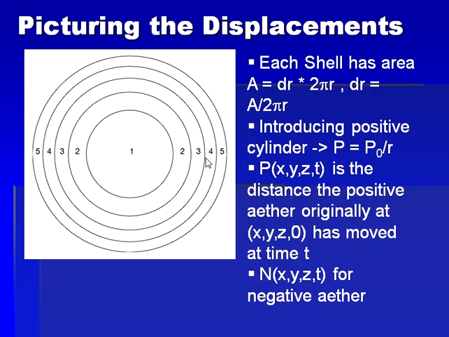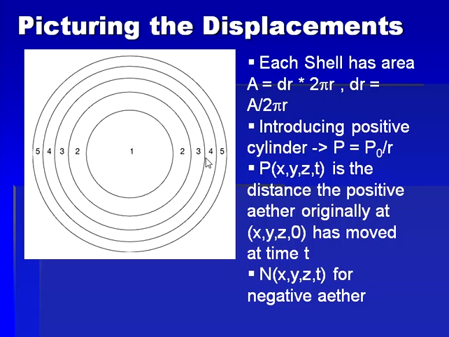distance. In general, we will not have this situation where the detached ether is a perfect cylinder, and there may be detached negative ether as well as detached positive ether. But the important point to understand is that the attached positive ether will move by a distance p depending on the insertion of sources of free positive ether, and the negative ether will move a distance n depending on the insertion of a source of free negative ether.